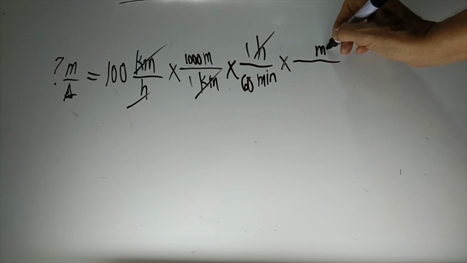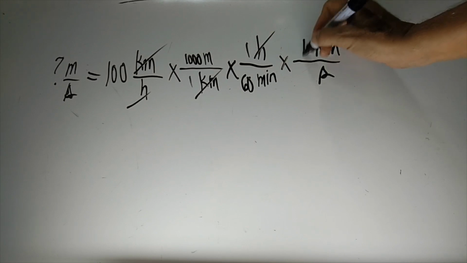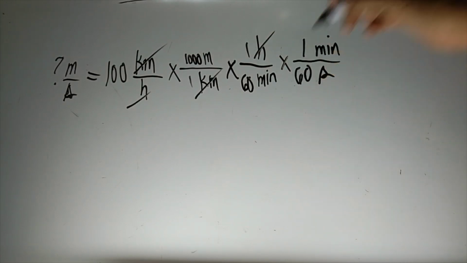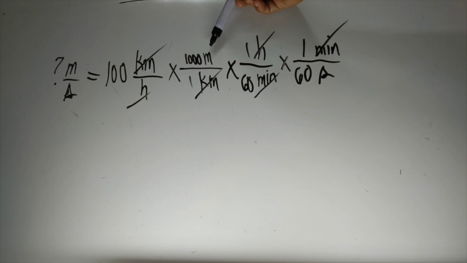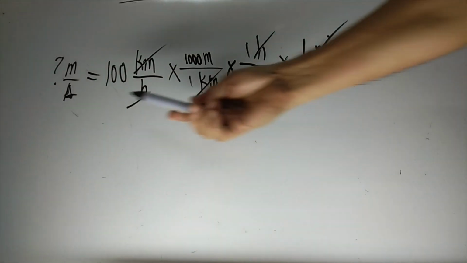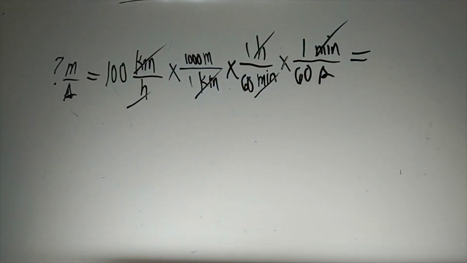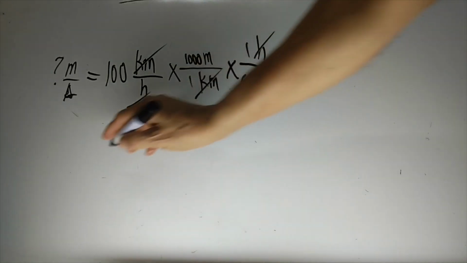So minute will be at the top and second at the bottom, wherein the relationship is, for every minute there are 60 seconds. So cancel minute. So the remaining units will be meter per second, which is the desired unit. So we'll write the equal symbol here. Next is, we are going to perform the indicated operations.